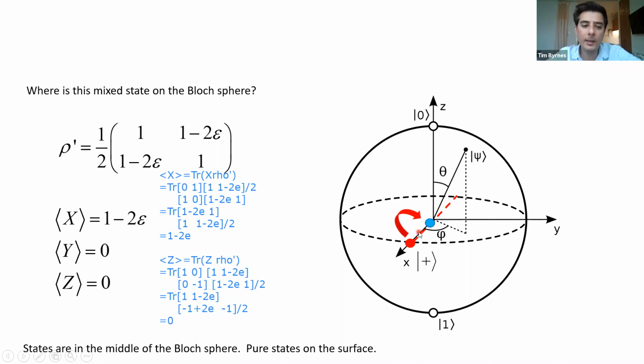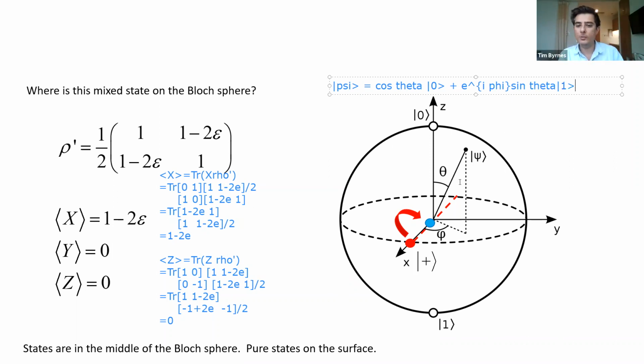And actually, we never saw this for pure states. So for any pure state, that means any state of the form psi equal to cosine of theta |0> plus e to the i phi sine of theta |1>, any state like this was always on the surface of the Bloch sphere.